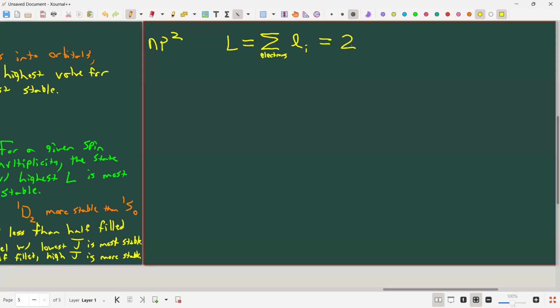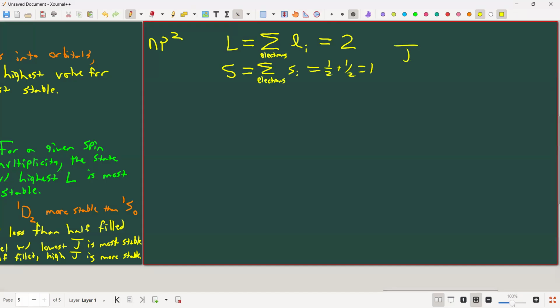And of course, the maximum spin is 1/2 plus 1/2, which is 1, right? So the maximum value of J is 3.